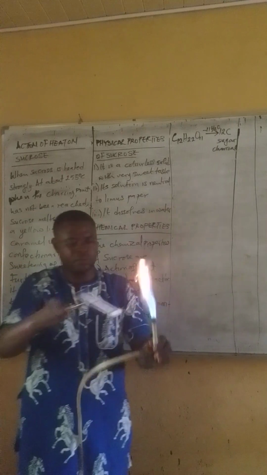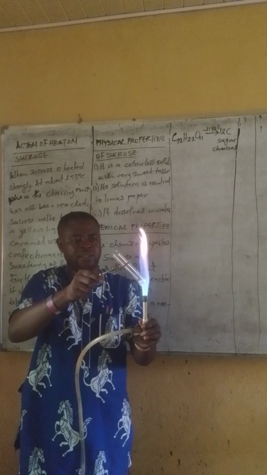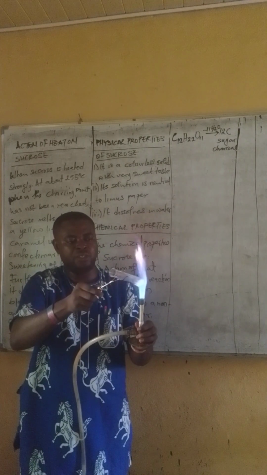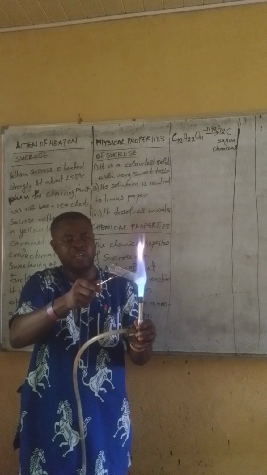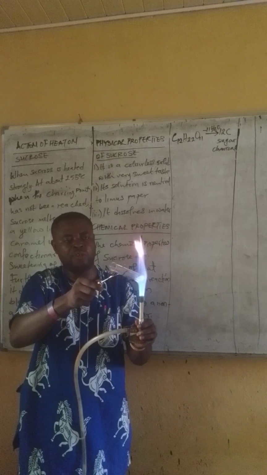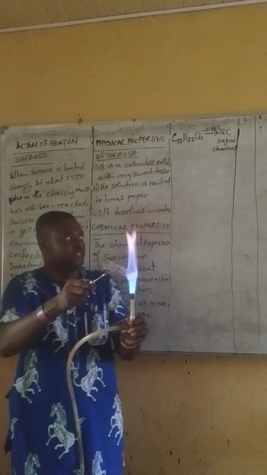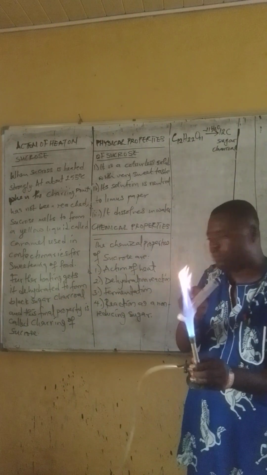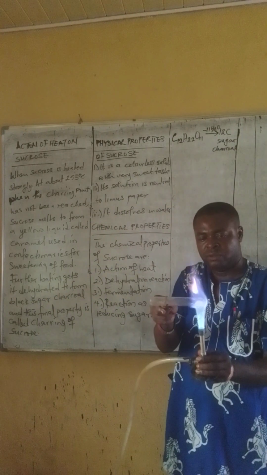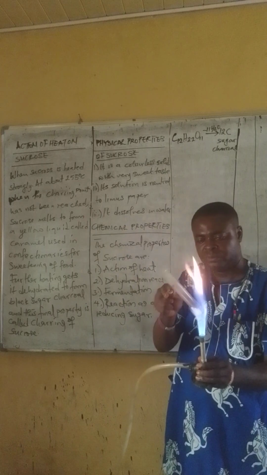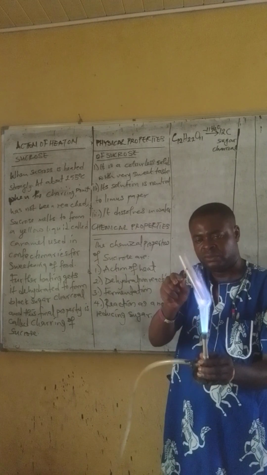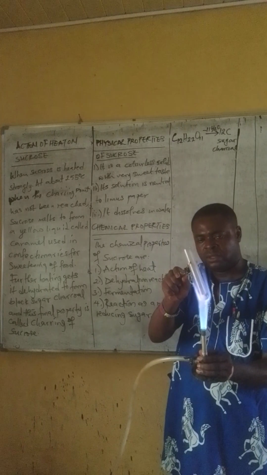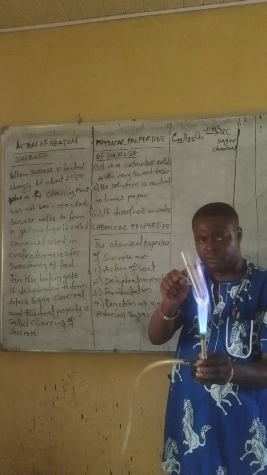So now, when heating, let's observe the color change of the sucrose. So when it gets to 225 degrees centigrade, it turns yellow liquid. And that yellow liquid is called caramel. You can see it's already forming. The caramel is already forming.